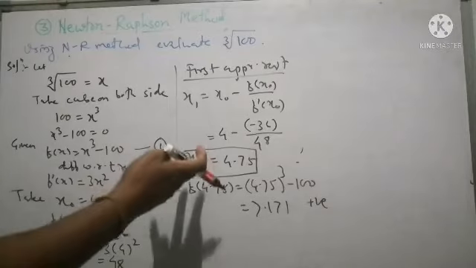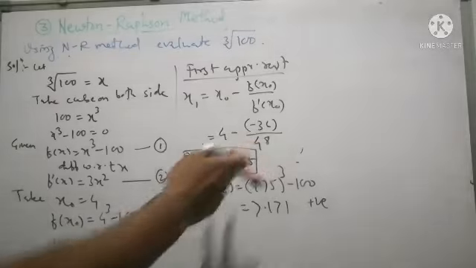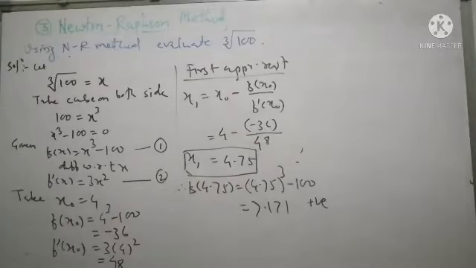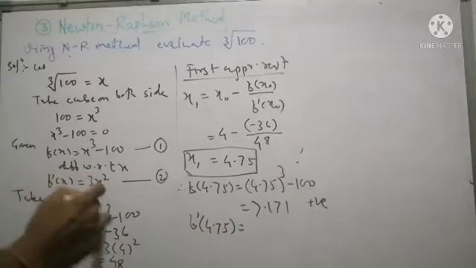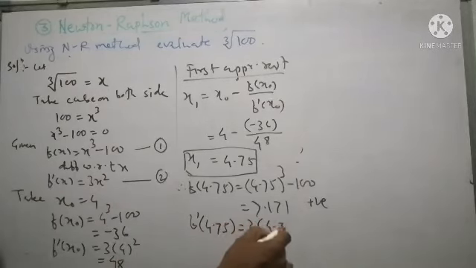For that we need x1, f of x1, as x1 is 4.75, and f dash x1, that is f dash 4.75. For that we put x as 4.75 in the right hand side of equation number 2, so we get 3 into 4.75 bracket square. Again by using a calculator we evaluate f dash 4.75 as 67.68.